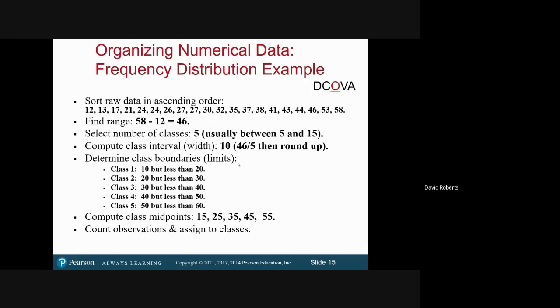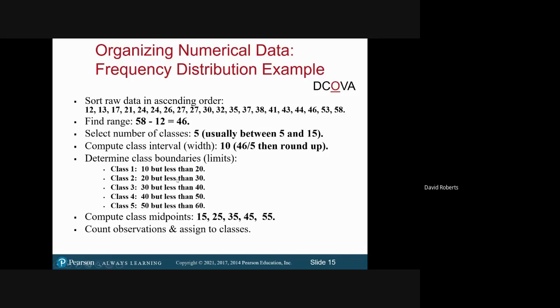So in this particular case, 46, if you were to divide that by tens, like groups of 10, you would get 4.6, which you'd round up to 5. So you're going to make the group sizes 10. You don't have to start at 12, because it'd be 12 to 22, 23 to, okay, no. So what you do is 10 to 20, 20 to 30, 30 to 40, etc., as you can see.